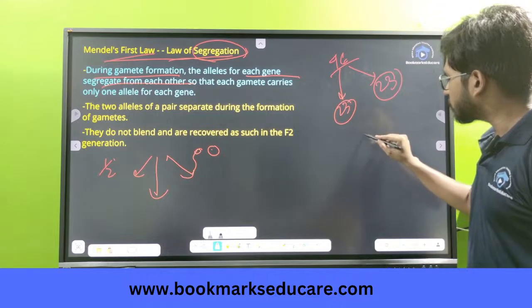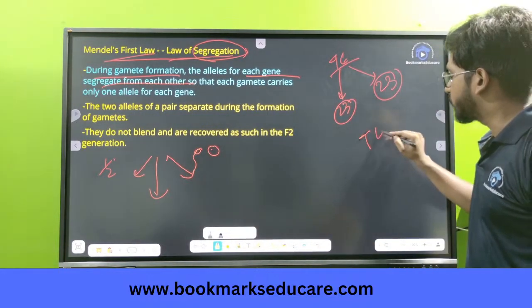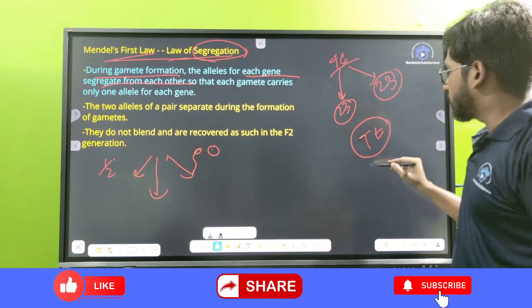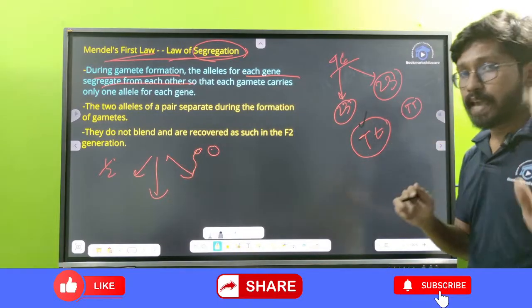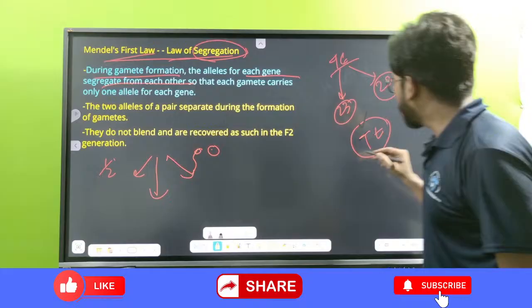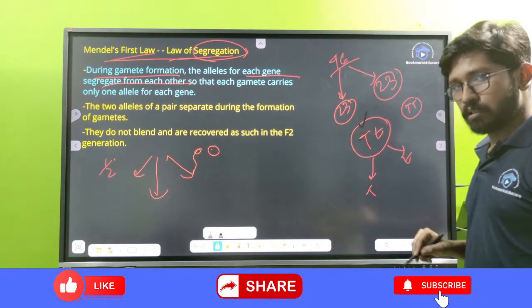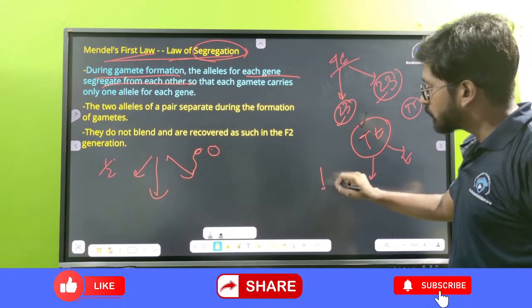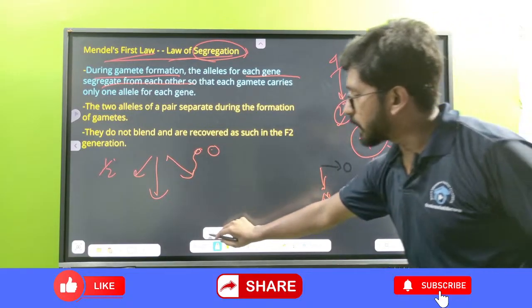As in, again, let's go to capital T, small t. I know it's monotonous, but it is the best way to understand. If you have capital T, small t for this height allele, you will always get two different alleles in both the gametes. You will never get 3 t and another one is 0, like there is nothing.